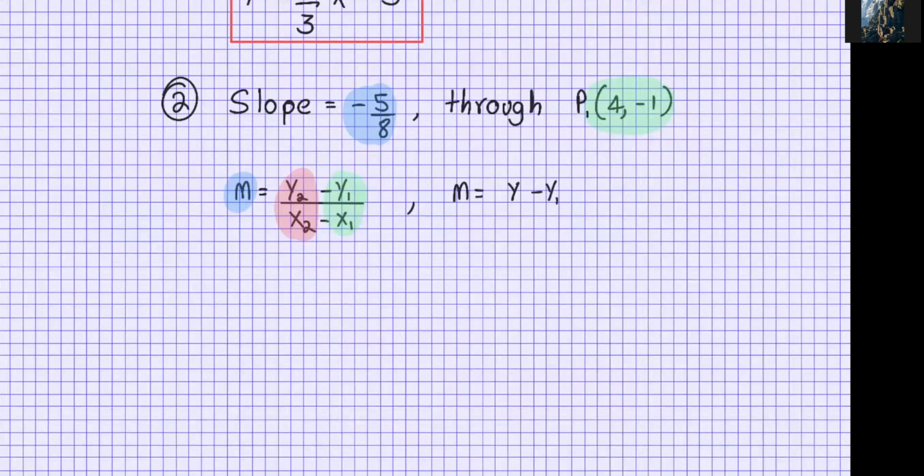y minus y1 divided by x minus x1. So let's do the substitution. We have the slope that is -5/8. This equals y minus y1, which is -1, and then everything is divided by x minus 4.